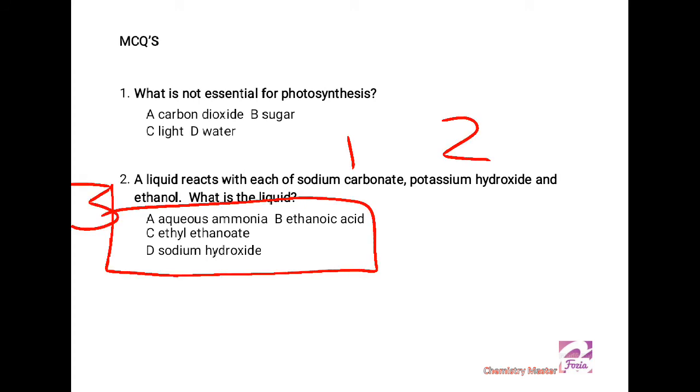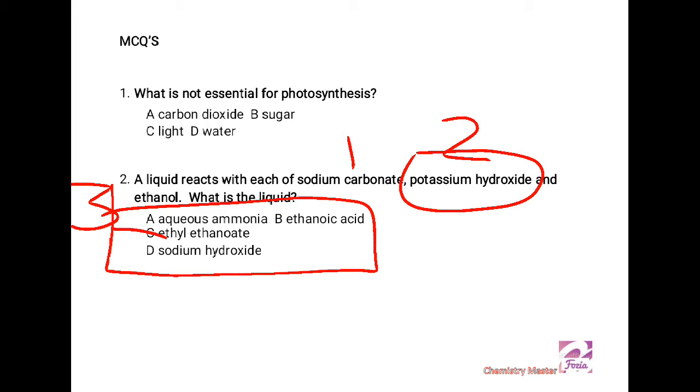Like, first we see what options are available, because it is an open question. Ammonia is a kind of base. It will never be reacting with sodium hydroxide. So option A is not a good one. When we see option C, ethyl ethanoate. Ethyl ethanoate is the product of esterification, when acetic acid reacts with ethanol.